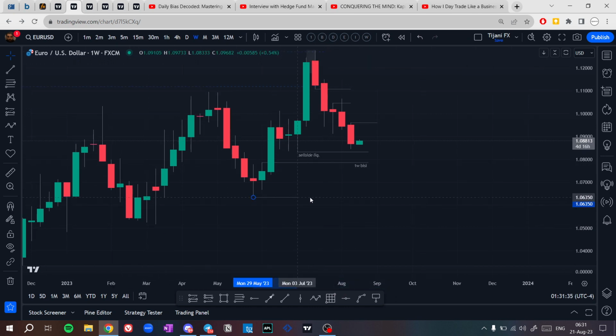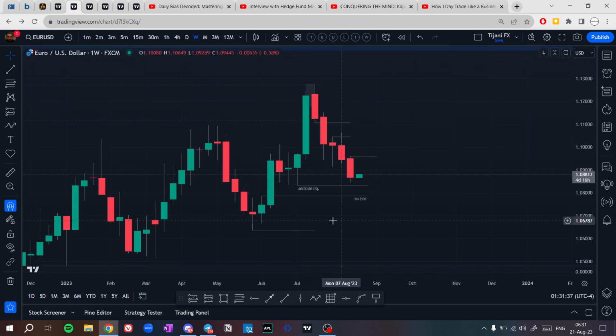And as I said first, this could be my invalidation level. Maybe this is a break of market structure for price to continue lower.